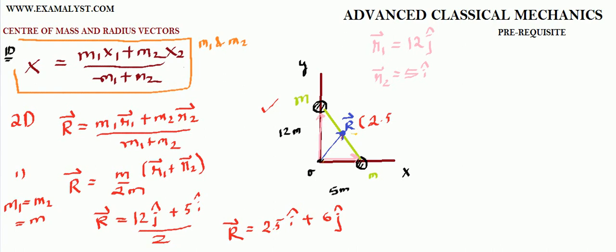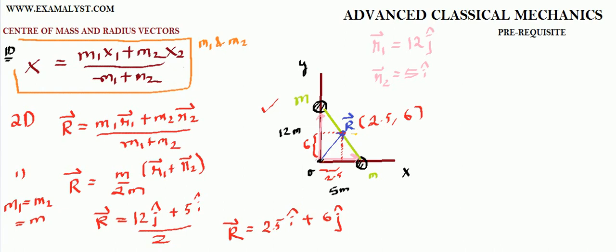If I draw a straight line directly from the capital R vector, then this much distance is 2.5. And what is the y? Y is 6. If I draw a line in this direction, then this distance is your 6.